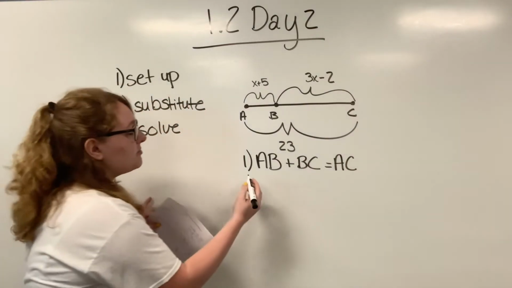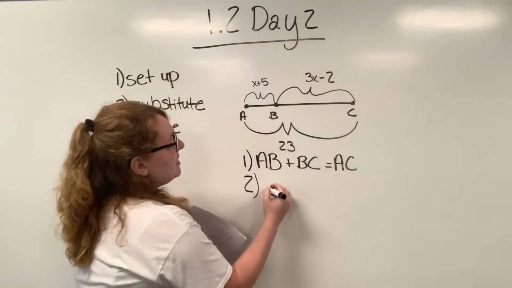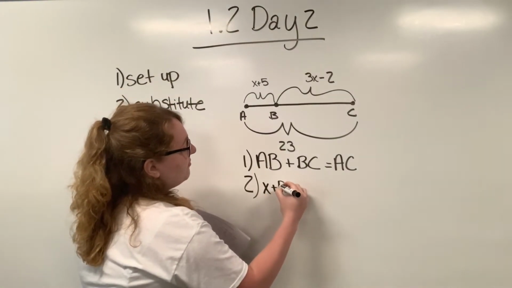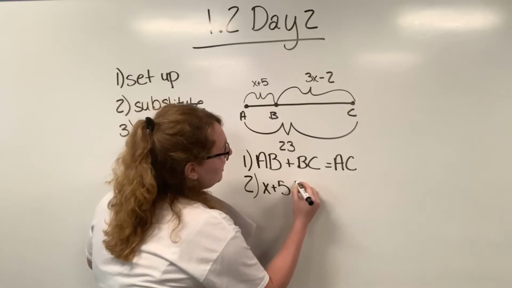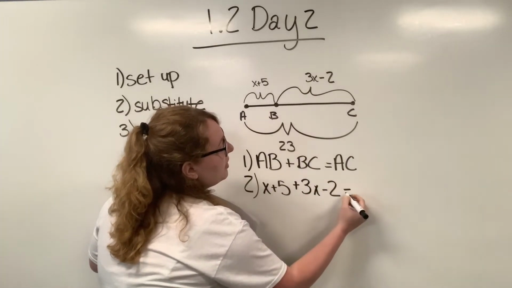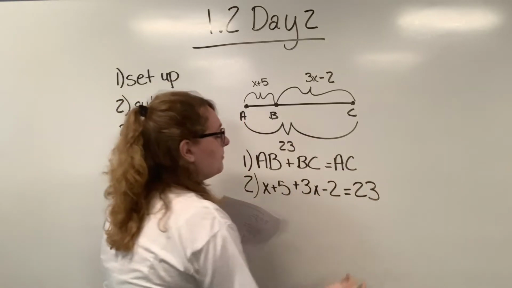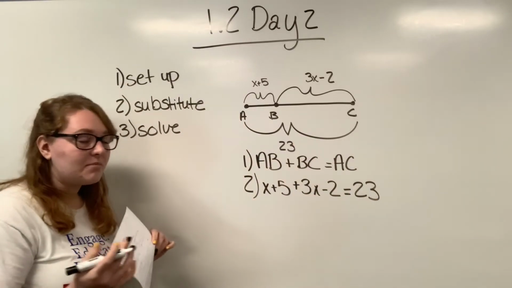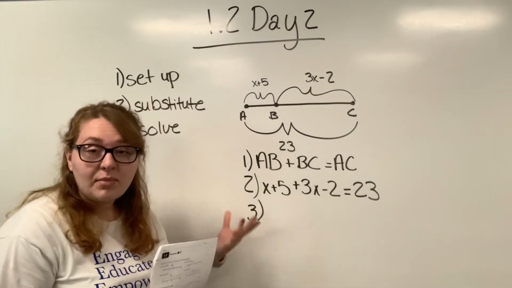Okay? Step 2, we got to substitute what we know. AB is now X plus 5. BC is now 3X minus 2, so plus 3X minus 2 equals the whole thing, and AC is 23. Okay, so step 3, we gotta solve. First thing I wanna do is I wanna combine like terms.